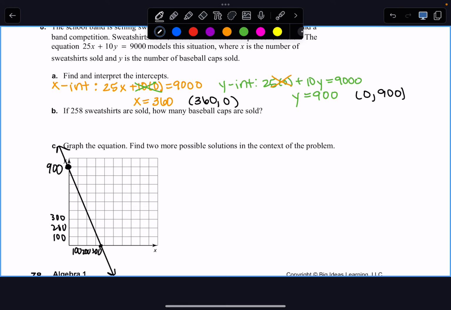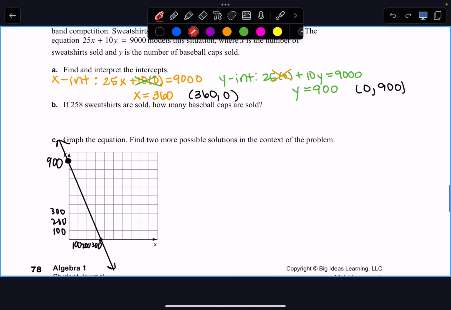Okay, so any coordinate on this line would represent the number of sweatshirts and baseball caps they would need to sell in order to raise $9,000.